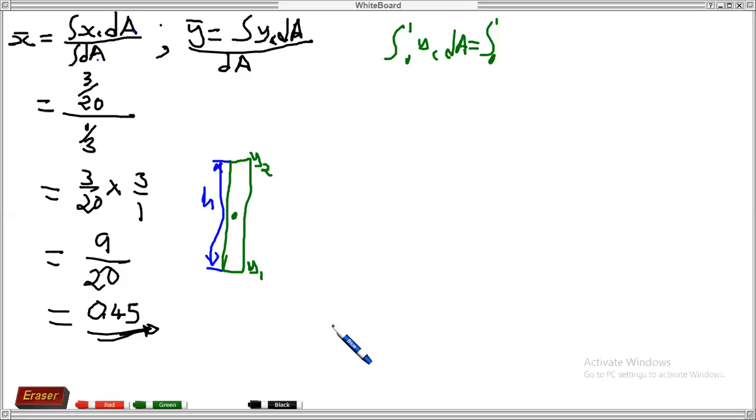Yes, sir. But in this case, the difference is that instead of having something like h, we represented the distance in terms of the difference between this point and this point.